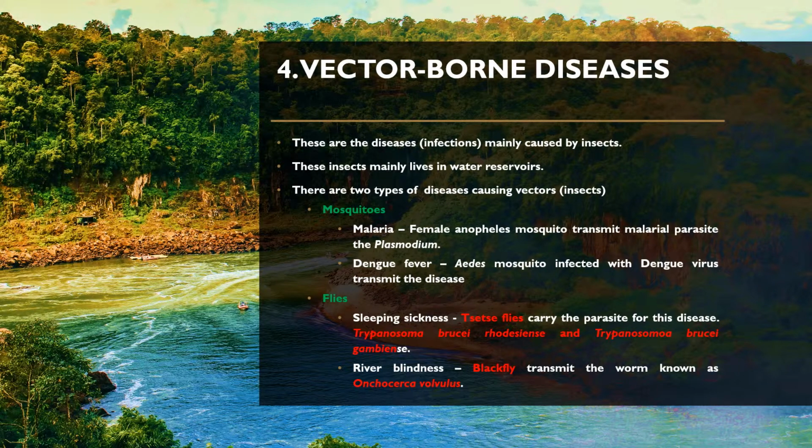Malaria is caused by the female Anopheles mosquito, which transmits the malarial parasite Plasmodium. Dengue fever is caused by the Aedes mosquito infected with dengue virus, which transmits the disease. Secondly, flies cause sleeping sickness or river blindness. Sleeping sickness is caused by tsetse flies, which carry the parasite for this disease, whereas river blindness is caused by the black fly.